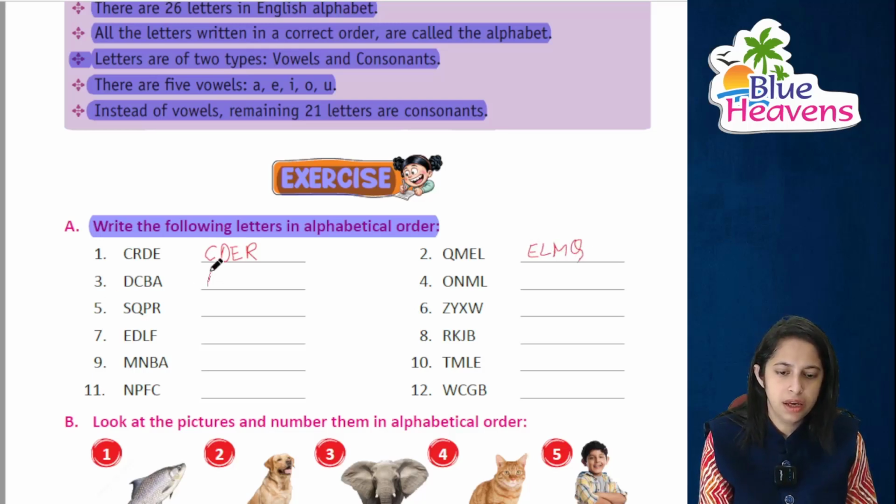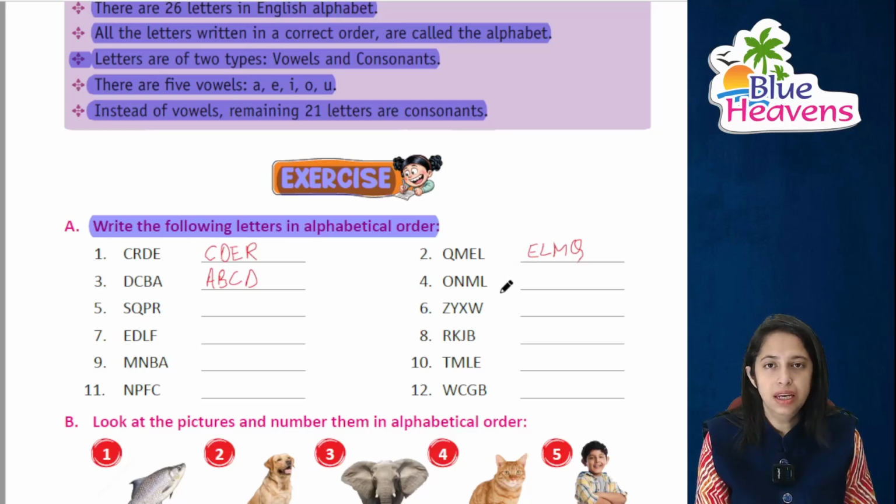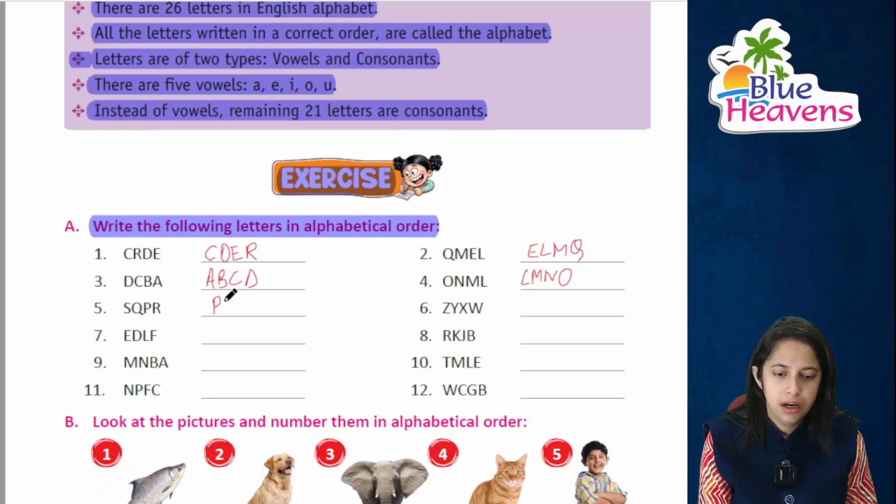And over here it's A, B, C, D, and over here A, B, C, D, E, F, G, H, I, J, K, L, M, N, and then O, right? This is A, B, C, D, E, F, G, H, I, J, K, L, M, N, O, P, Q, R, and S, right?